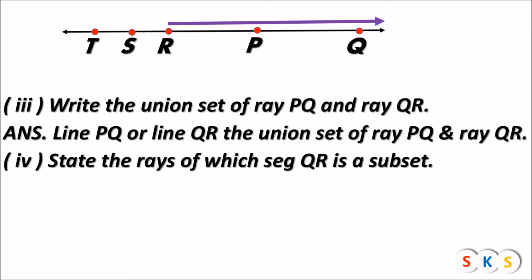Now here we have ray SQ, and you can see that seg QR is a part of this ray also. Therefore, seg QR is a subset of ray SQ.